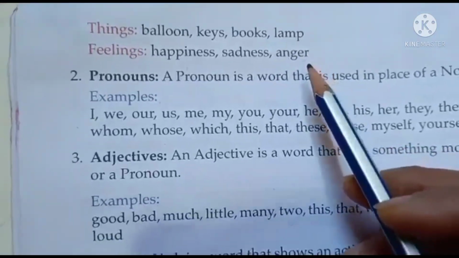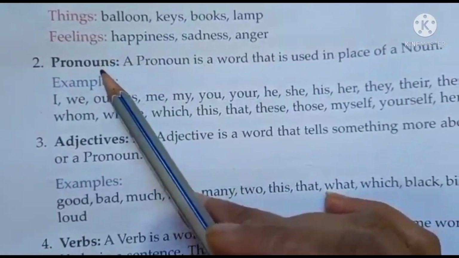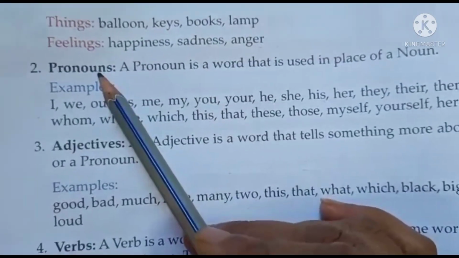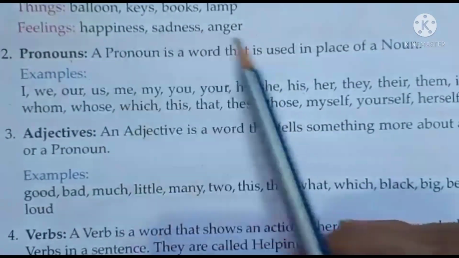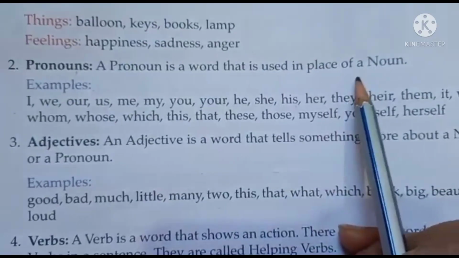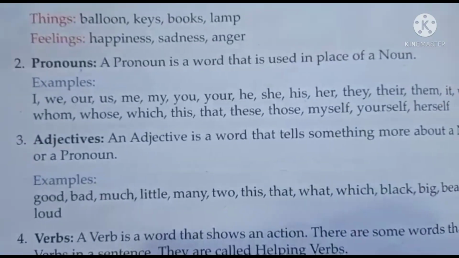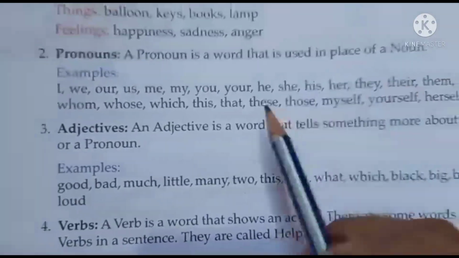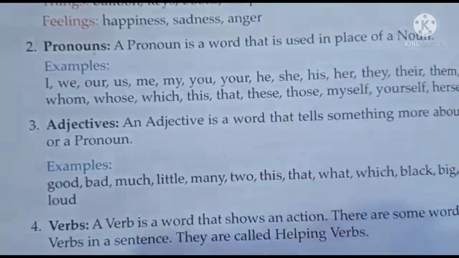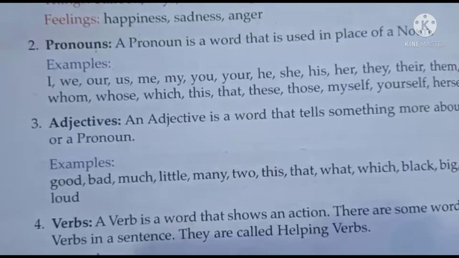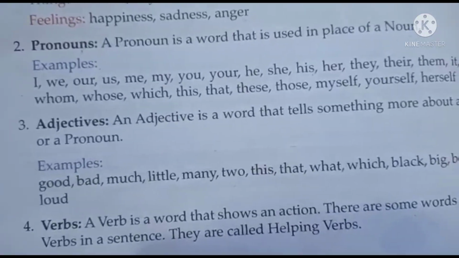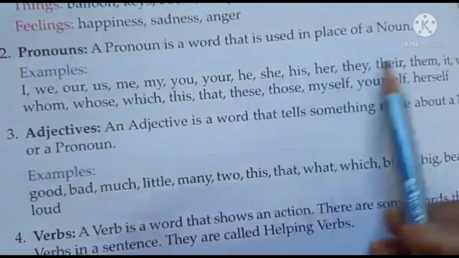Coming to the next part of speech, which is pronoun. This also you have studied. A pronoun is a word that is used in place of a noun. In place of a name, whatever words we use, children, we call them pronouns, like I, we, ours, us, you, yours, he, she, it, they and many more.